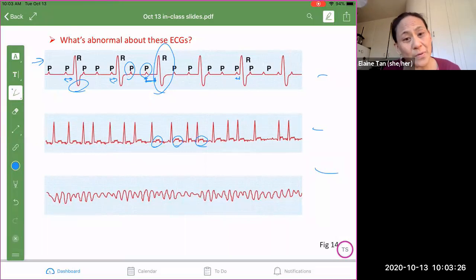But if we don't have P waves happening, then that means that the atrial cells aren't all contracting together. So what's actually happening here is atrial fibrillation.